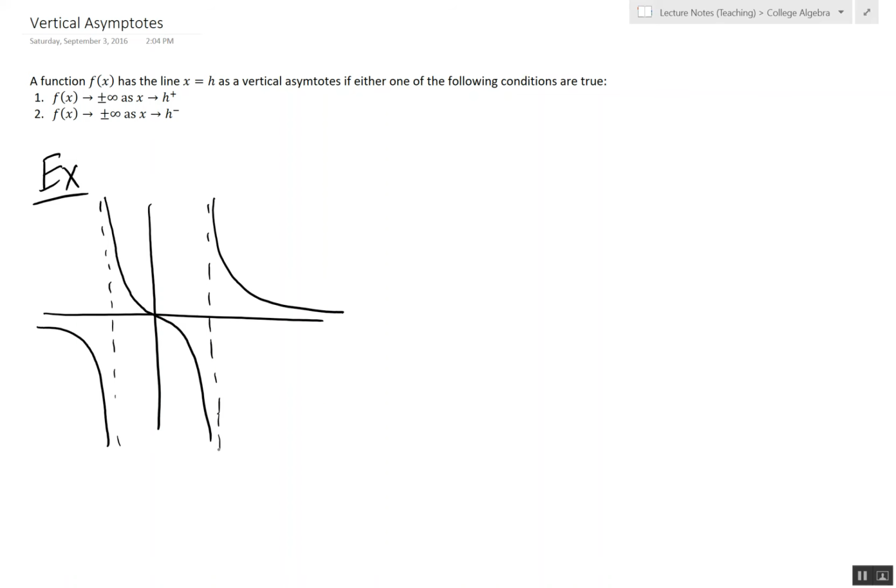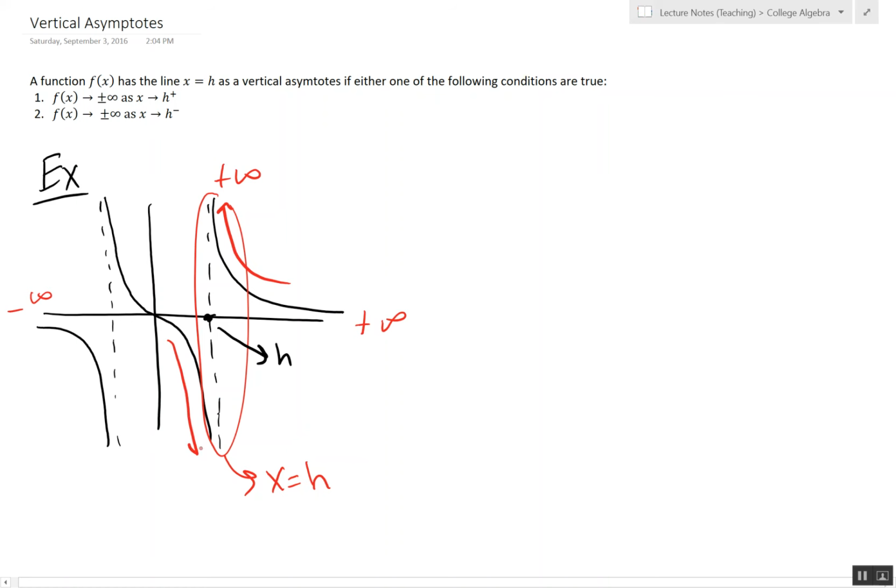And notice that if I let this be h here, then this vertical line becomes the line x equals h. Notice that if I approach h from the positive infinity direction, my y values go up to positive infinity, while as I approach h from the negative infinity direction, my values of y go to negative infinity.